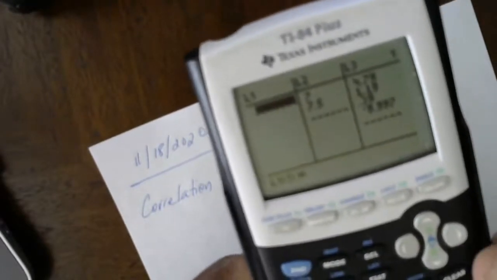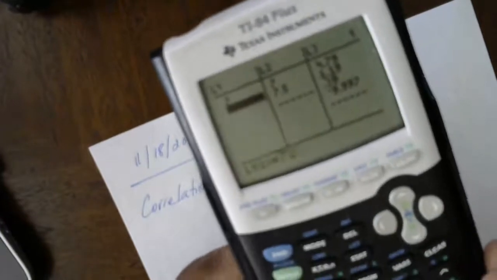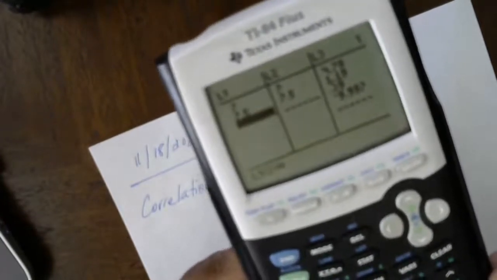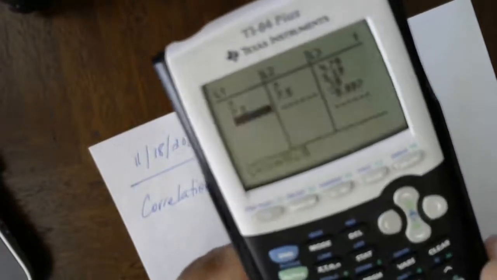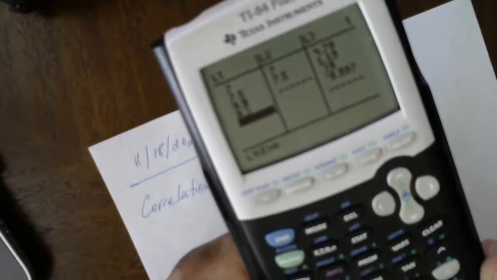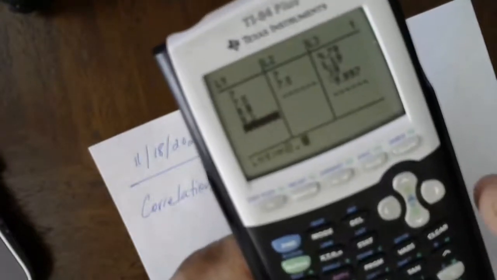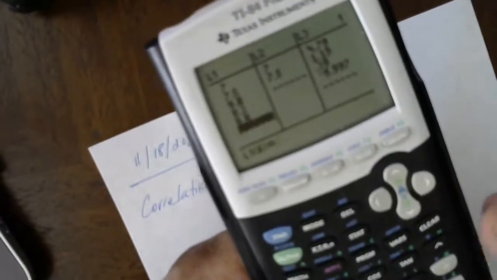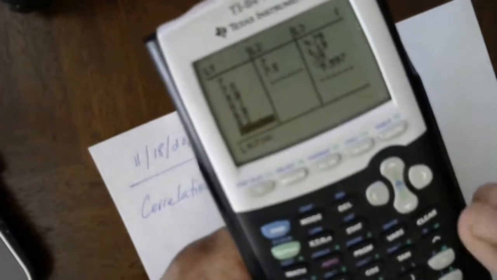So we had 7, 7.5. Excuse me, this should be L1. 7, 7.5, 9.8, 9.3, 8.8, 8.2.